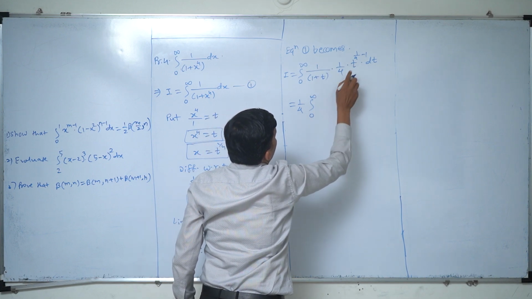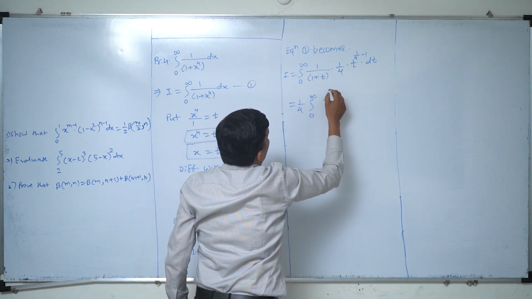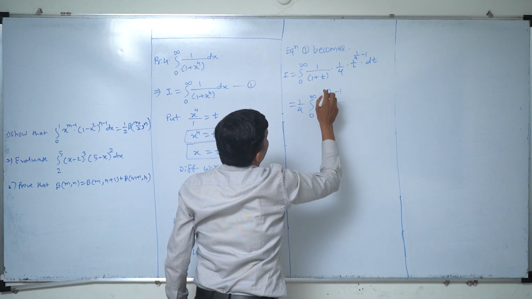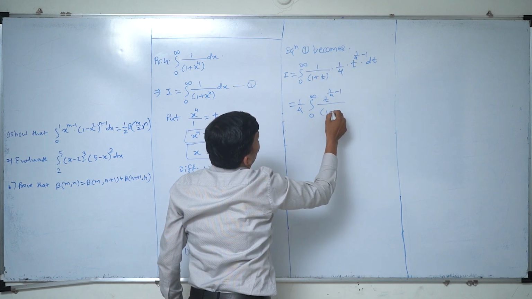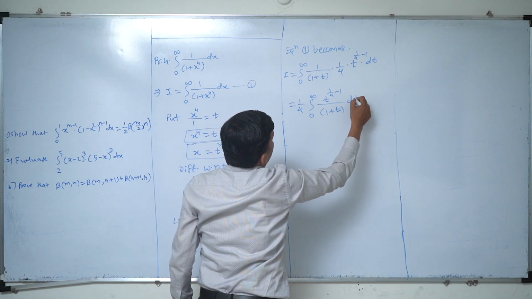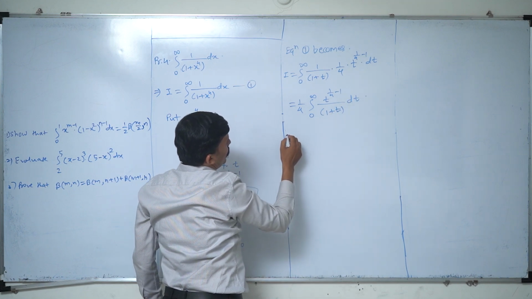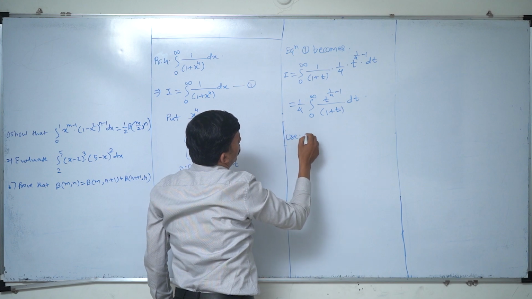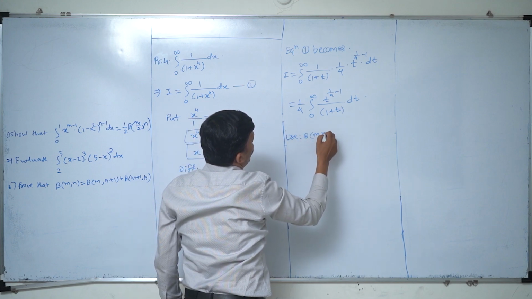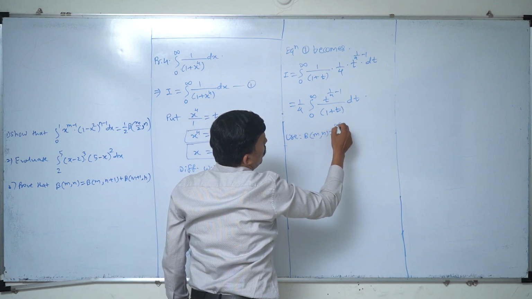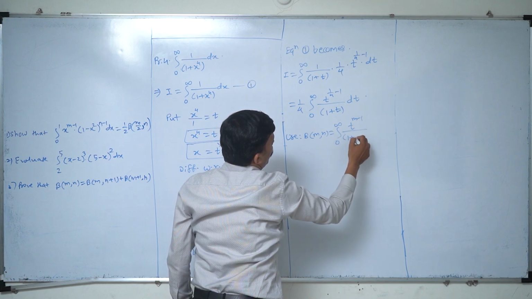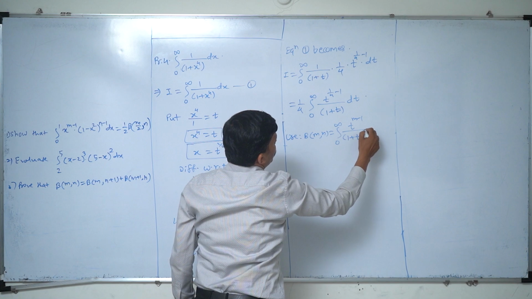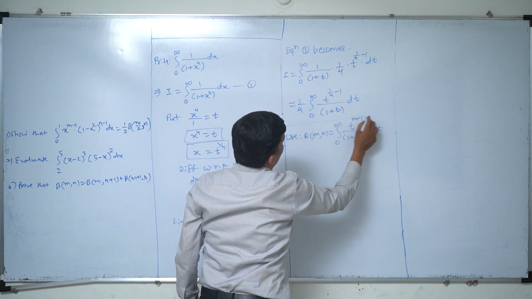This 1 into t raised to 1 by 4 minus 1. So the product of these two terms is this upon 1 plus t dt. And then you can use this definition. Beta of m comma n is 0 to infinity t raised to m minus 1 upon (1 plus t) raised to m plus n dt. So use this definition.